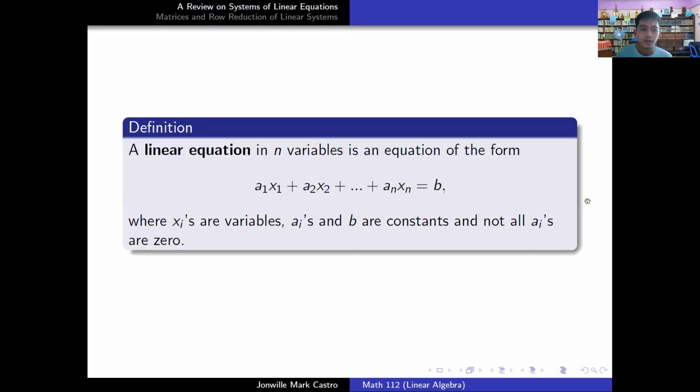yung definition. A linear equation in n variables is an equation of the form a sub 1 x sub 1 plus a sub 2 x sub 2 and so on up to a sub n x sub n equals b, where x sub i's are variables, a sub i's and b are constants, and not all a sub i's are 0.